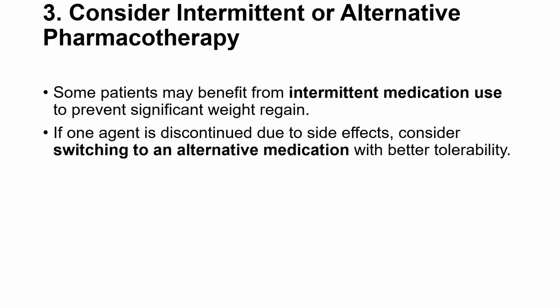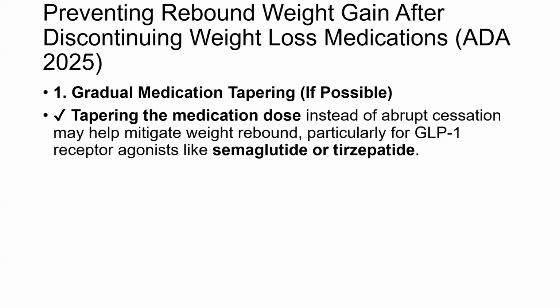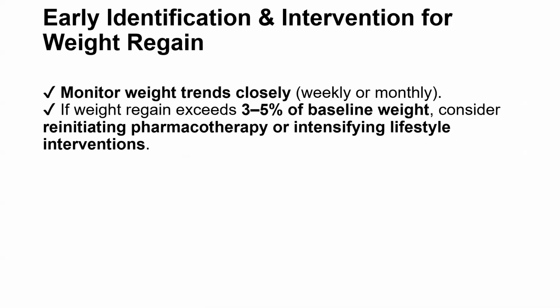Some patients may benefit from intermittent medication usage, like using a slower or lower dose of the GLP-1s, or intermittently using it to prevent significant weight regain. If one agent is discontinued due to side effects, consider switching to an alternative medication with better tolerability. So these are all the advices to help prevent rebound weight gain after discontinuing weight loss medications.